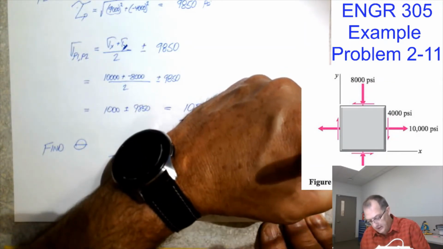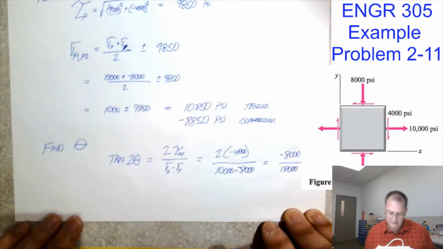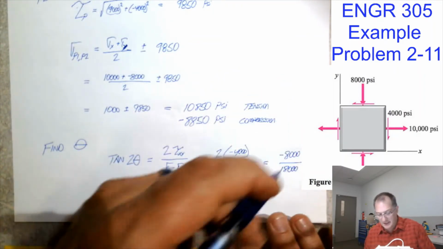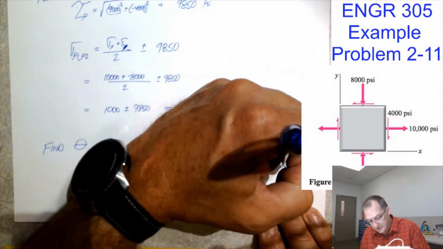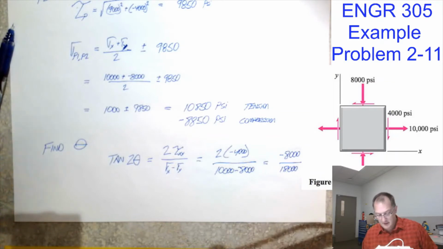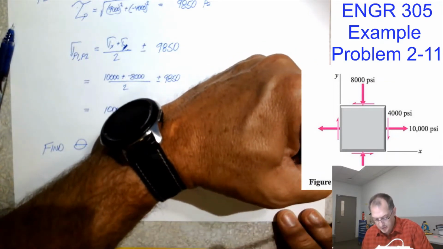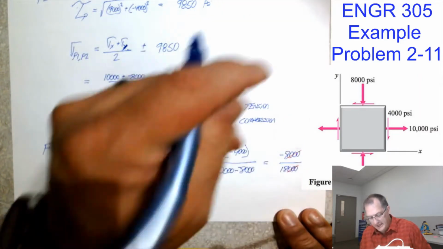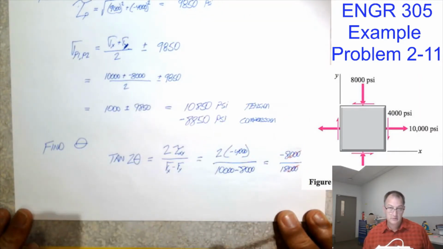I'm going to leave that alone. Actually, there's a trick here. This is going to be equal to, if I drop the zeros, negative 4/9, right?